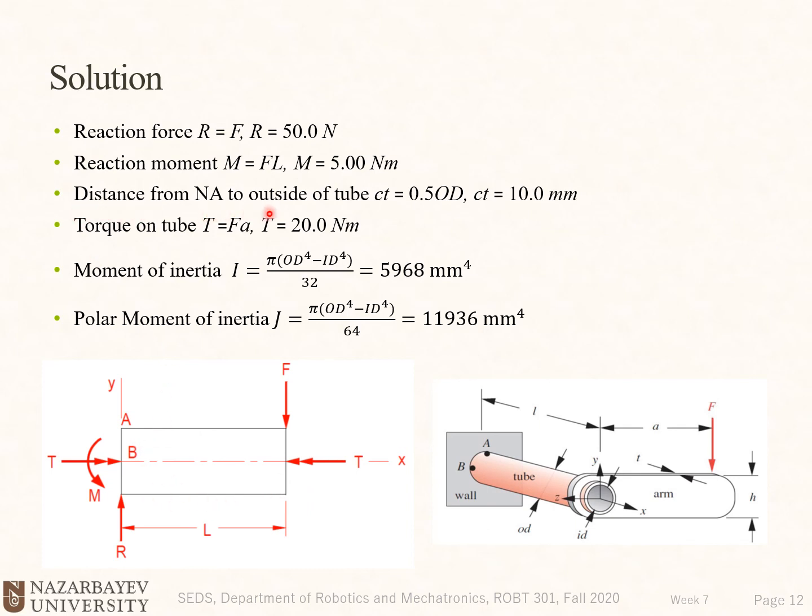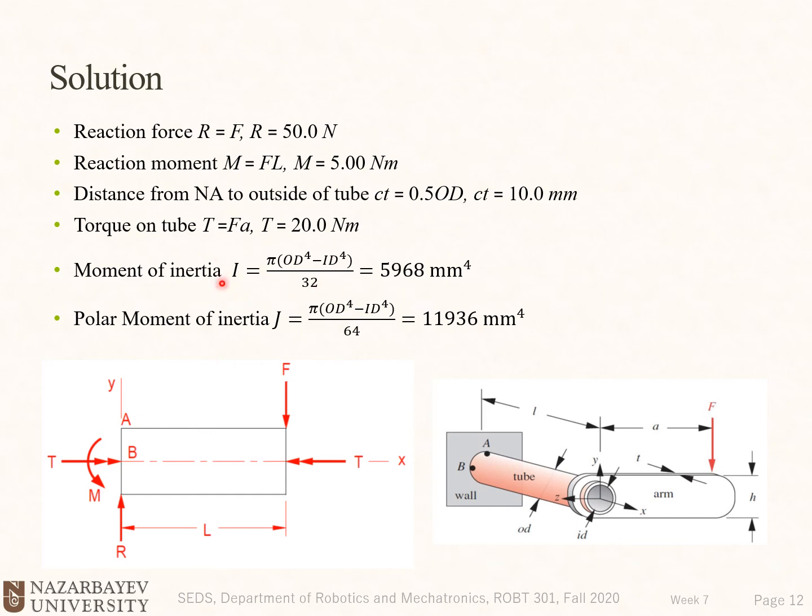The distance from neutral axis to outside of tube, or c, is half of OD. Torque on tube, or torsion torque on tube, is F multiplied by A. Okay, moment of inertia, this is a hollow circular cross section, could be calculated by this formula.